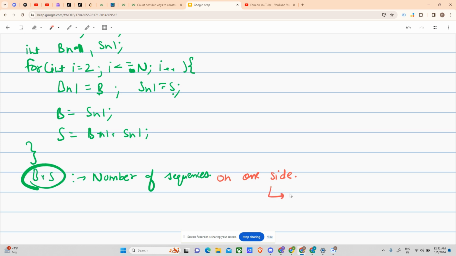We have to check on the other side also. For that, how will we proceed? On the other side, as we discussed, the number of sequences on each side is equal. So we have got b plus s at one side. The other side will also be b plus s. So what do we have to do? Multiply them and return the answer.